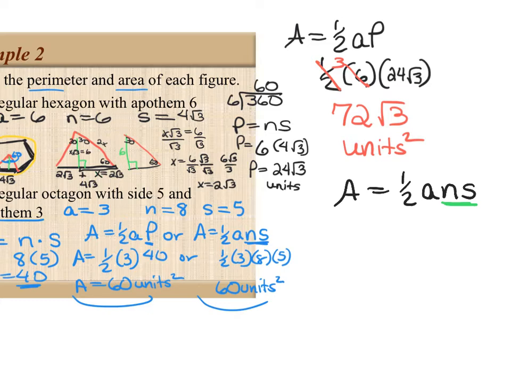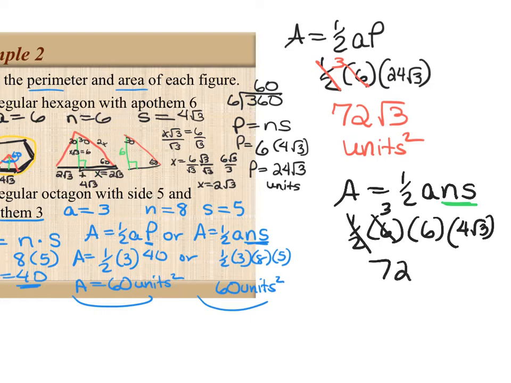But let's do it this way. 1/2 apothem times number of sides times side length, which is going to be 4 square root 3. So here, if I multiply, again, I could take half of the 6, and then I could multiply 24 times 3 again, 72 square root 3 units squared.